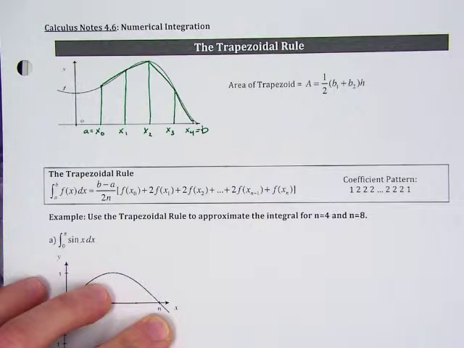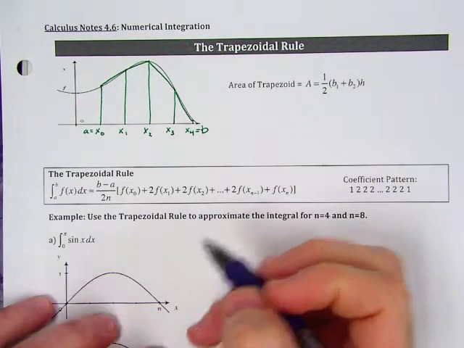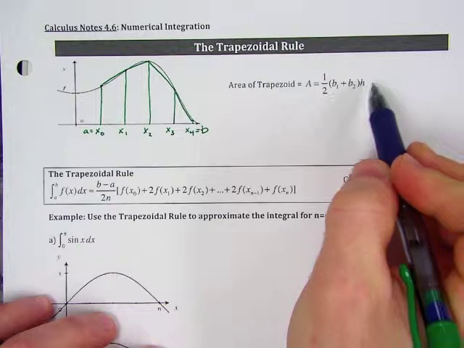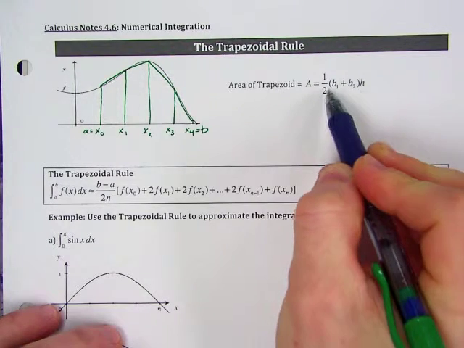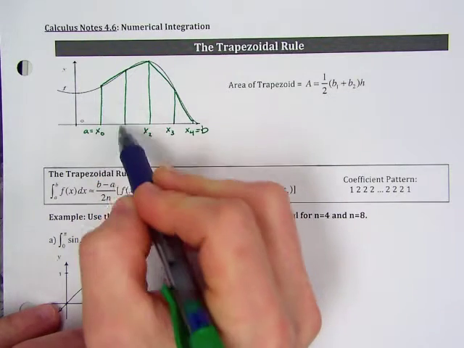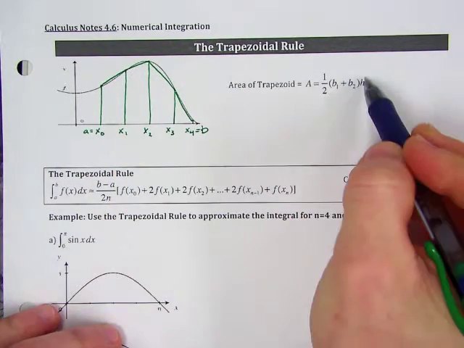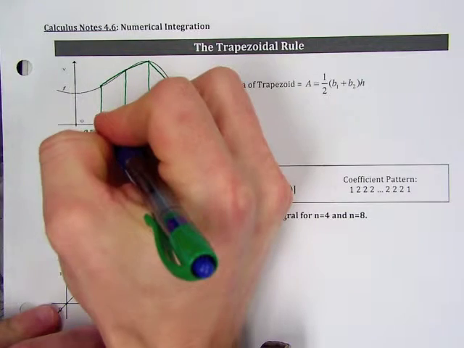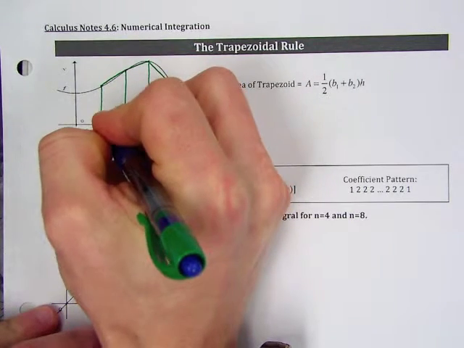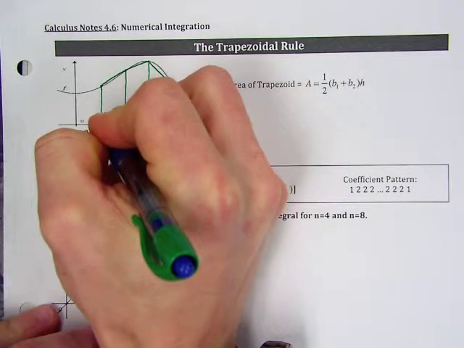That's exactly right. So in the trapezoid formula here, it's 1/2 times (b1 plus b2) times h. The b1 and the b2 are actually the heights of this function here, and then the h is the width.